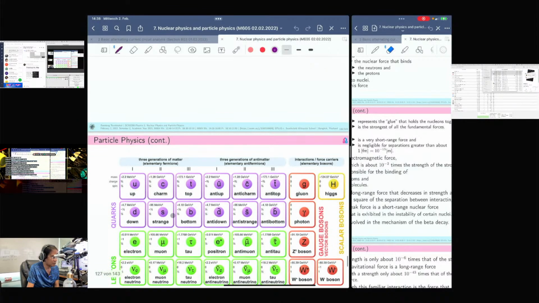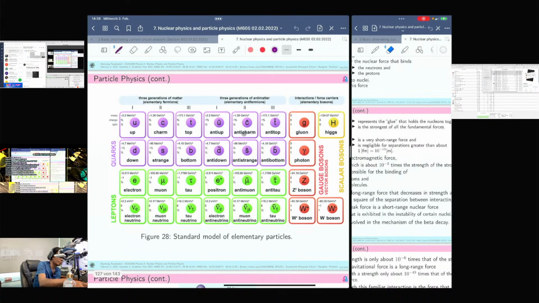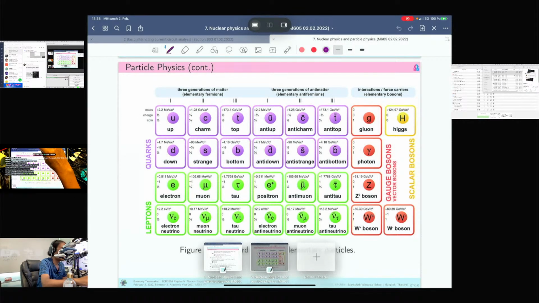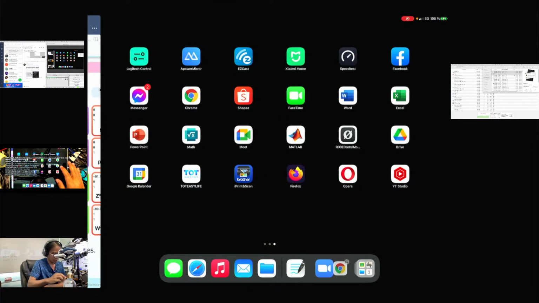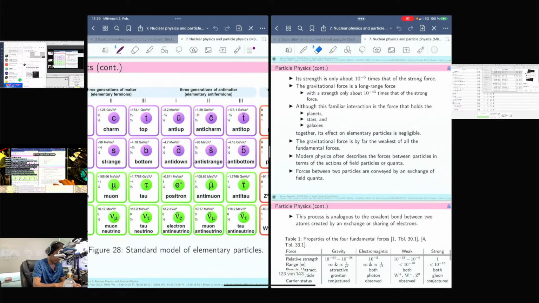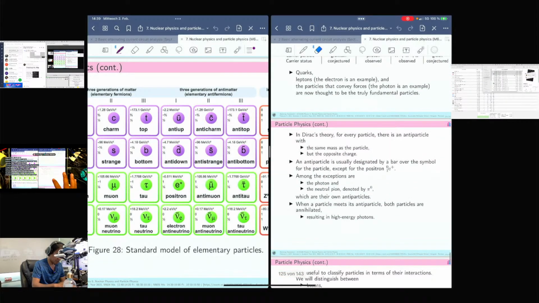Let's take a look at the standard model that you may have already seen in the previous chapter. Let me open it again.